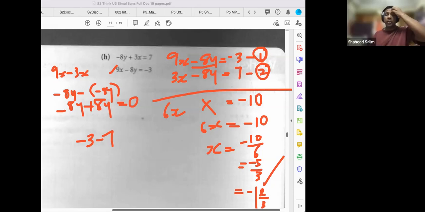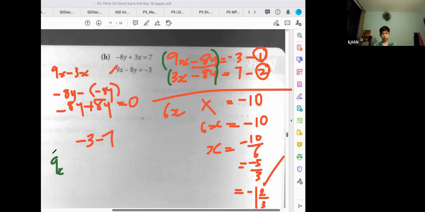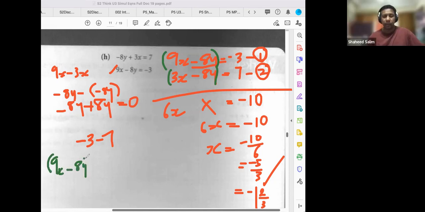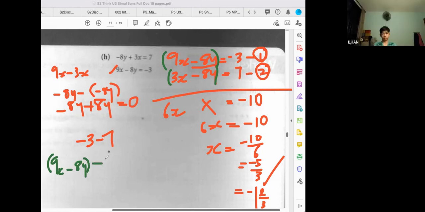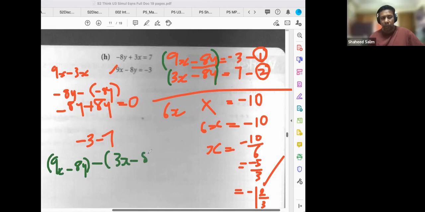So when you do the minus, to help you, you bracket it up. What do I mean by bracket it up? You bracket this one up, you bracket this one up, so you can write it like that: 9x, bracket, minus 8y, minus 3x, minus 8y.